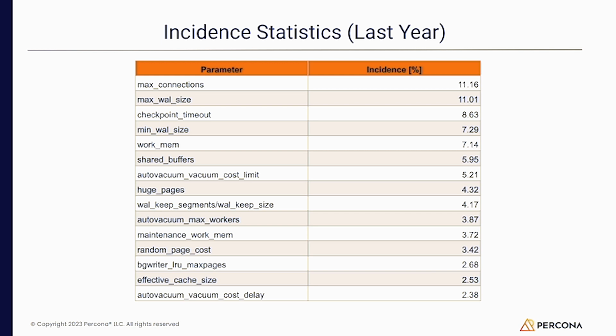At the right, you will see the incidence of the parameters in the cases we were working on. You need to consider that the number of incidents is not related only to the performance cases, but all the cases we worked on. So if we consider only the performance tickets, the numbers are higher than we can see here.